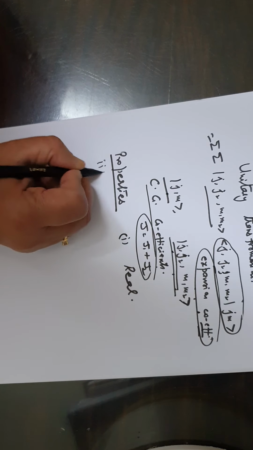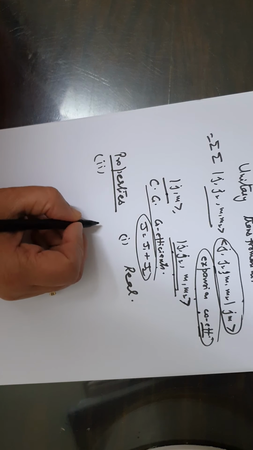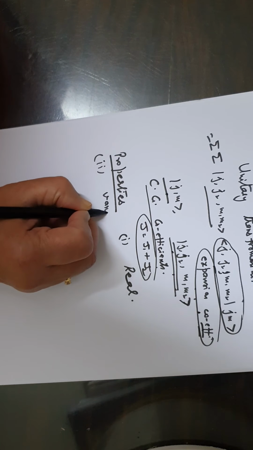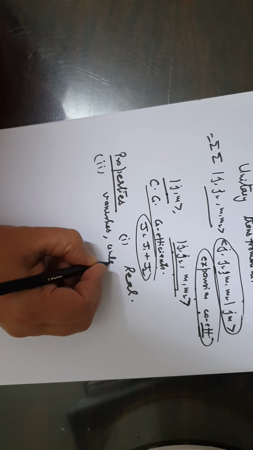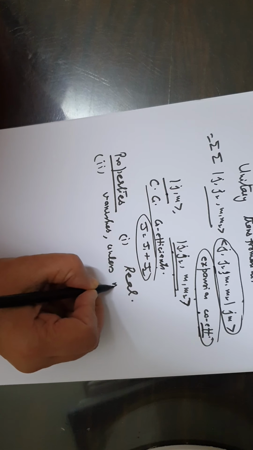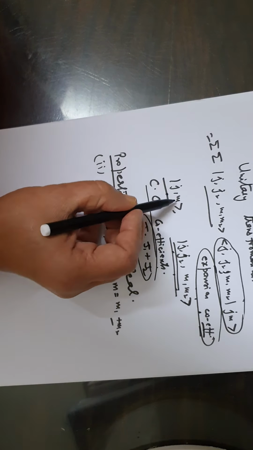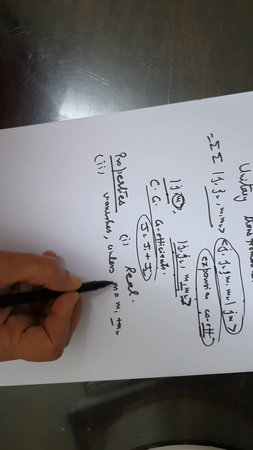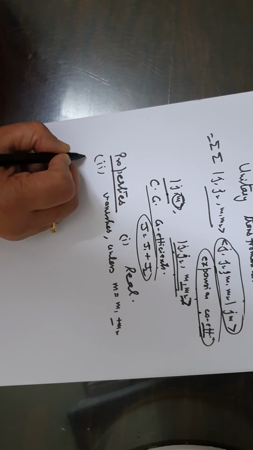The second property associated with these CG coefficients is that the CG coefficient vanishes unless m is equal to m1 plus m2. So m must be equal to m1 plus m2; only then will the CG coefficient exist.